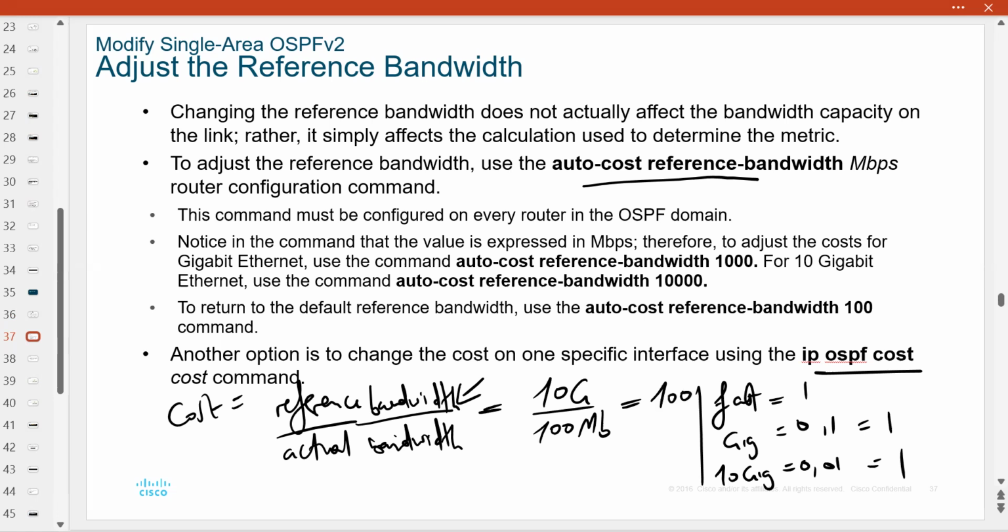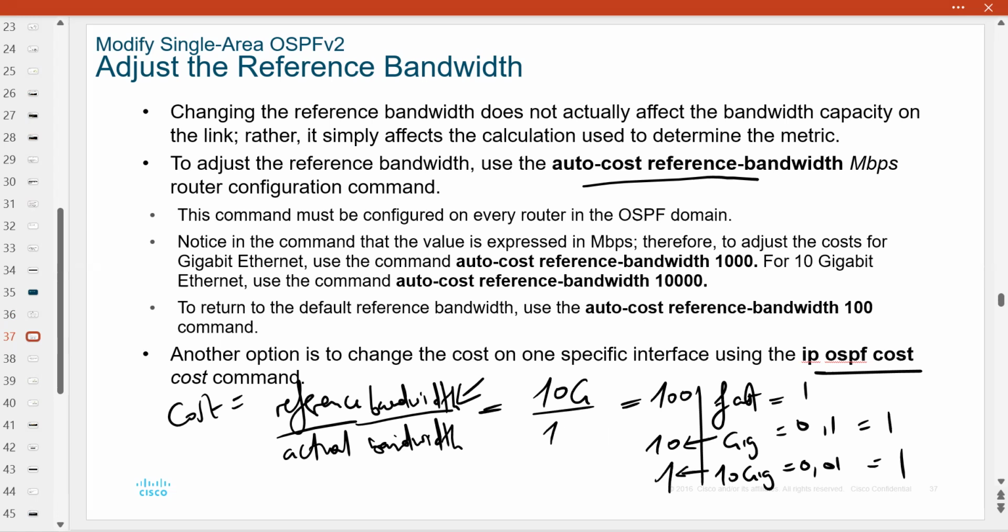The cost will become 100. And for Gigabit Ethernet, it will become 10 Gig divided by 1 Gig, which means the cost will become 10. And for 10 Gig itself, it is 10 Gig divided by 10 Gig, so the cost will become 1.